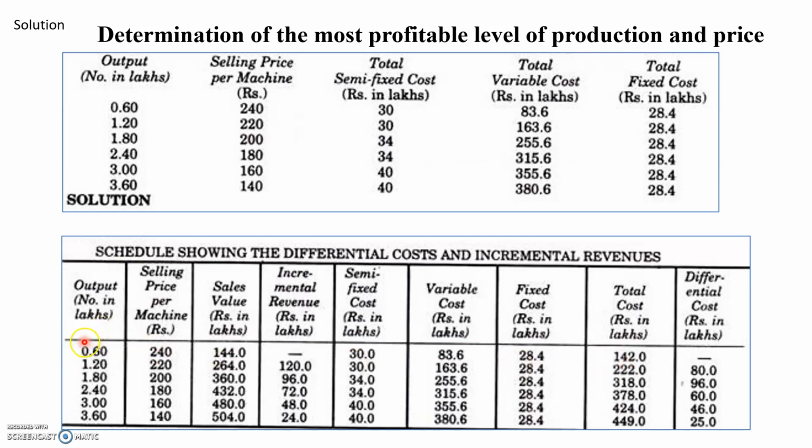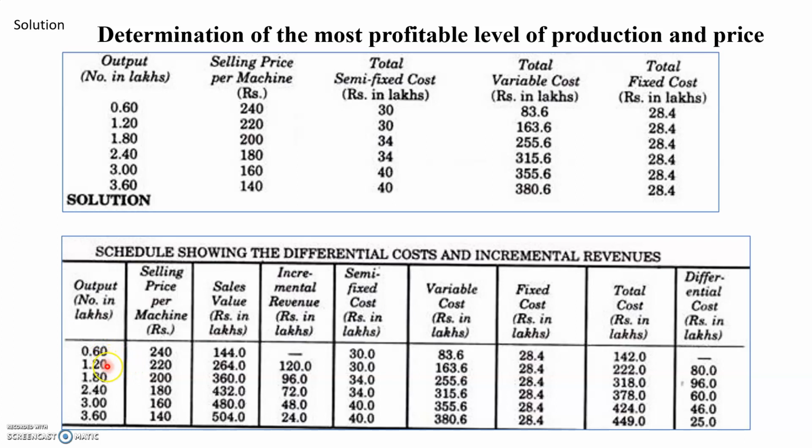When we increased the level of output from 60,000 to 1,20,000, our cost also increased to 2,22,000. So from 1,42,000, it increased to 2,22,000. That means there is an increase of cost, which is the differential cost or incremental cost of rupees 80,000.